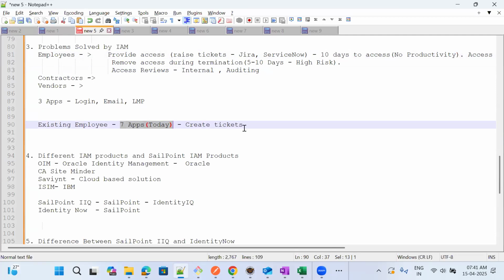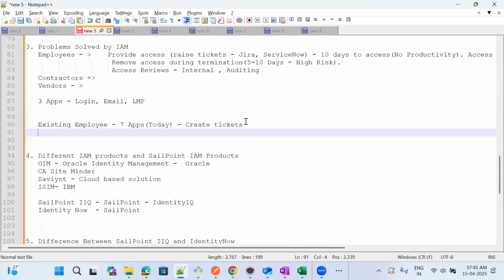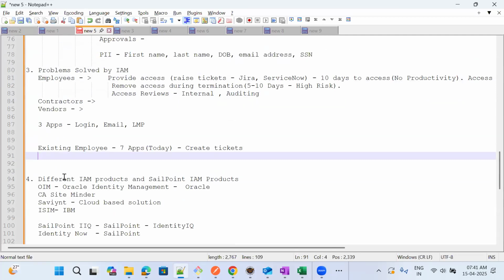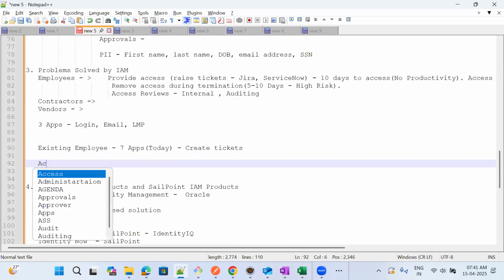That will reduce the impact of the problems that we have discussed. These are not the only problems that we'll be addressing with SailPoint IIQ, there are multiple problems. When we take the compliance part, we have something called access reviews.